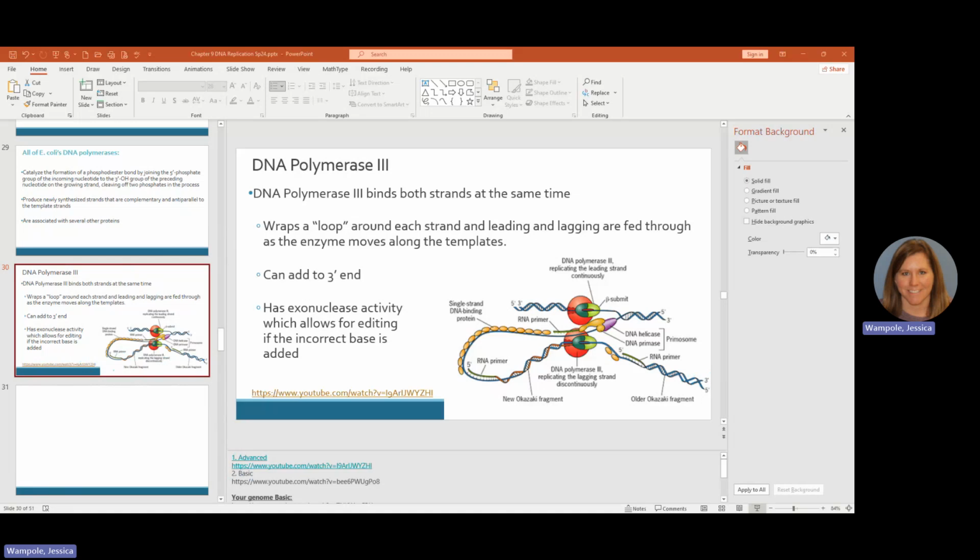The 'ase' ending tells you it's an enzyme, so anything that ends with 'ase' is an enzyme. If you look at this sheet, you know they're enzymes because they end in 'ase'. It's just telling you that it is building a polymer of RNA. And then we specifically call it primase because it's a special version that is working with replication.